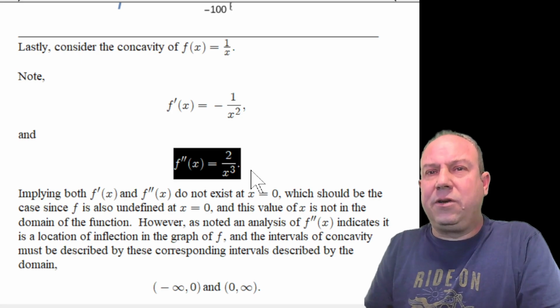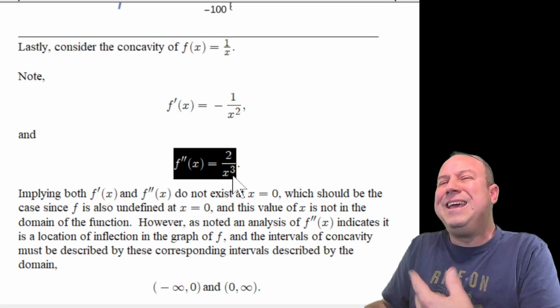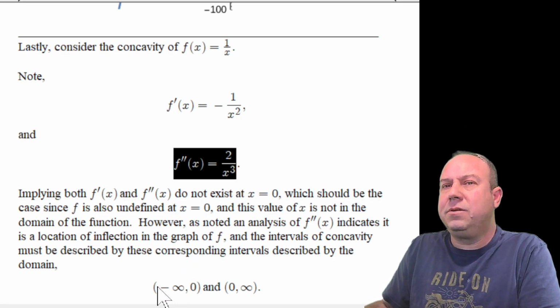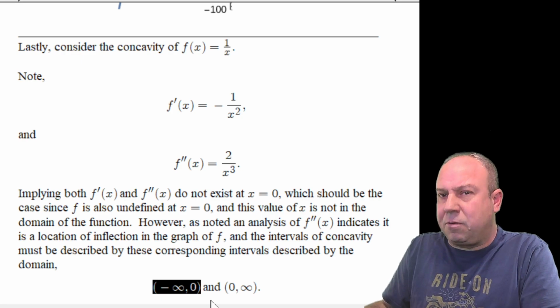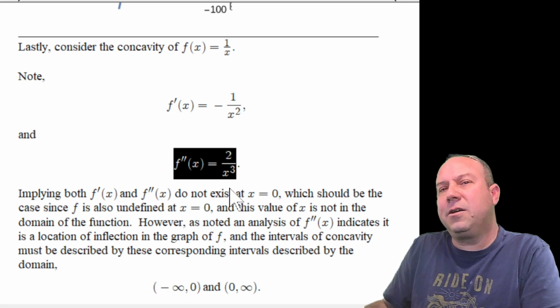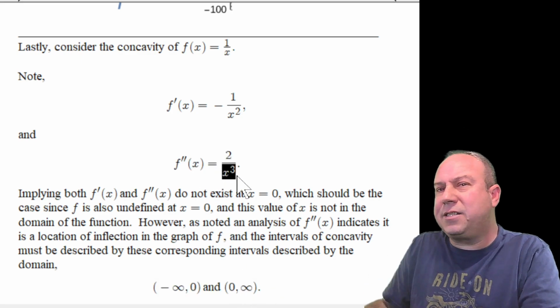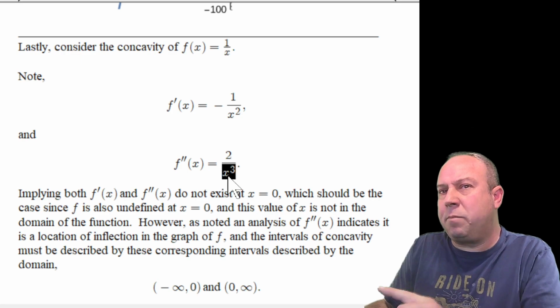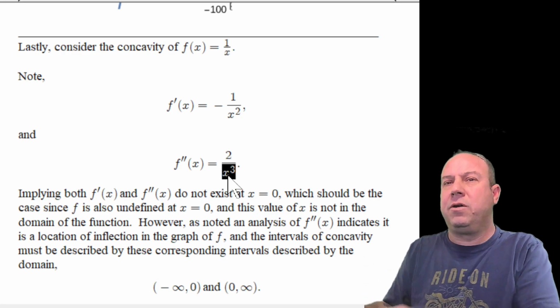Where if we go down and we look at the graph, or if we just take note to begin with, the second derivative here is less than 0 for values less than 0, and it is greater than 0 for values greater than 0. That x cubed will shift between negative or positive in value, whether or not x is less than or greater than 0 in value.